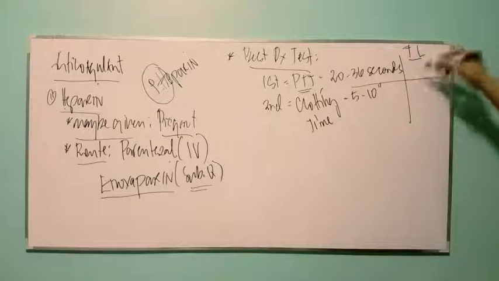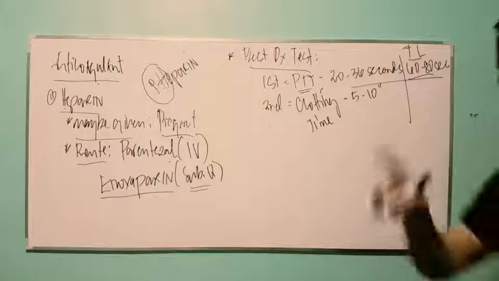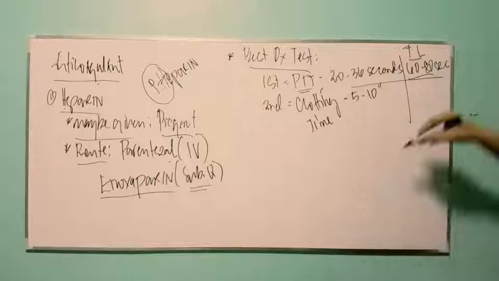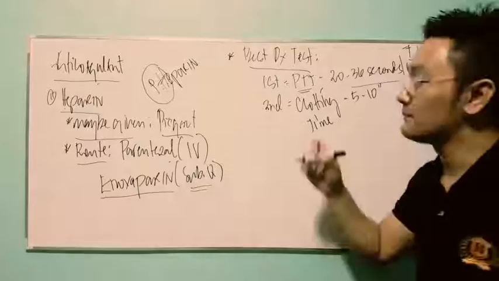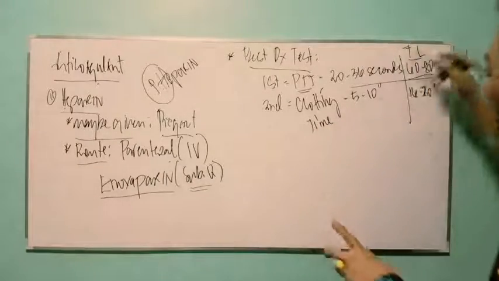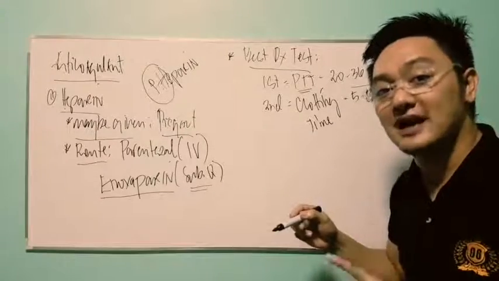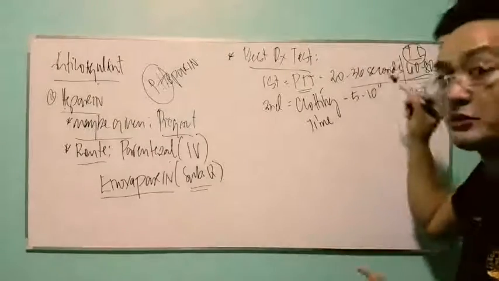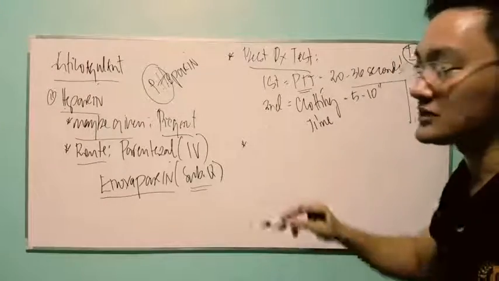The therapeutic level is actually 60 to 80 seconds. Now, what about the clotting time? The therapeutic level is 16 to 20 minutes. Okay, please do not forget this one. This is a highlight in your exam. Again, the therapeutic level is usually 2 to 2.5 times higher than the normal range. That's your diagnostic test.